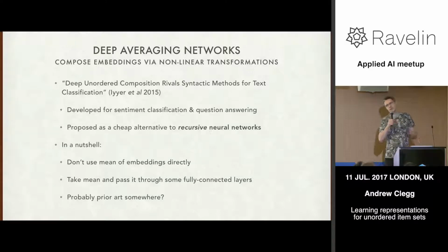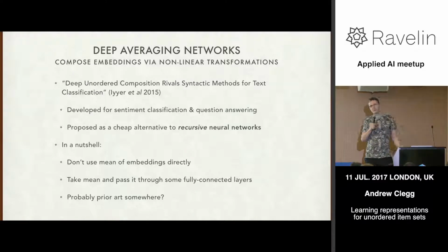They're really good at certain NLP tasks, but they're very expensive to train. So these guys wanted to find a way of composing the embeddings for the words in a sentence into a sentence embedding that was cheaper than recursive neural networks, which are state-of-the-art on this task, but got comparable results.